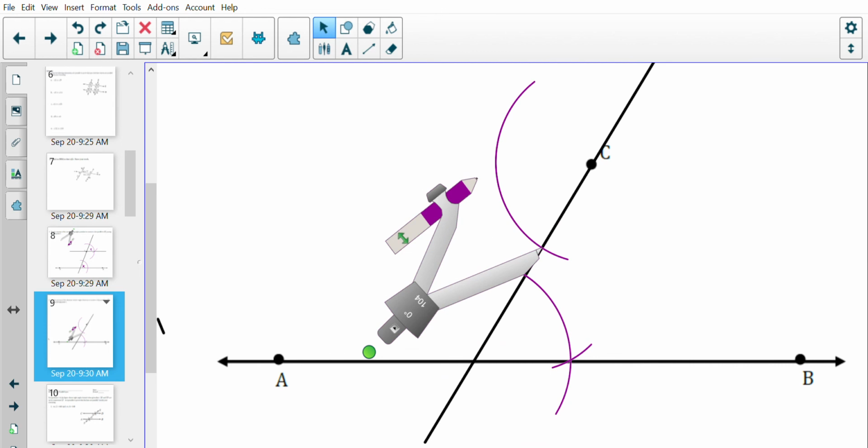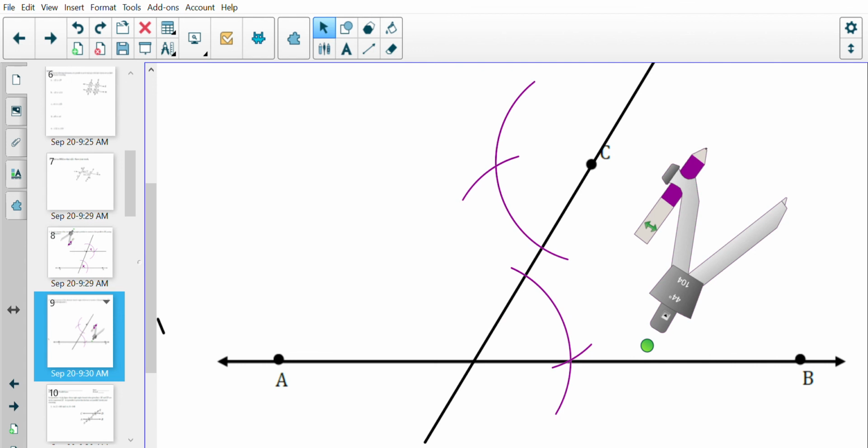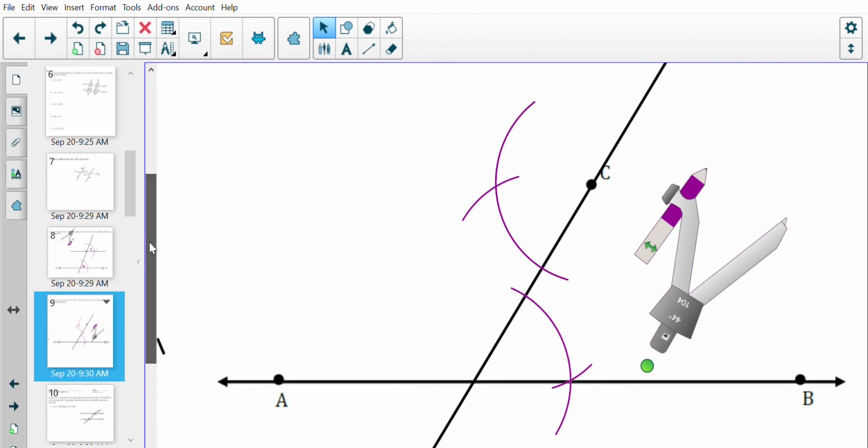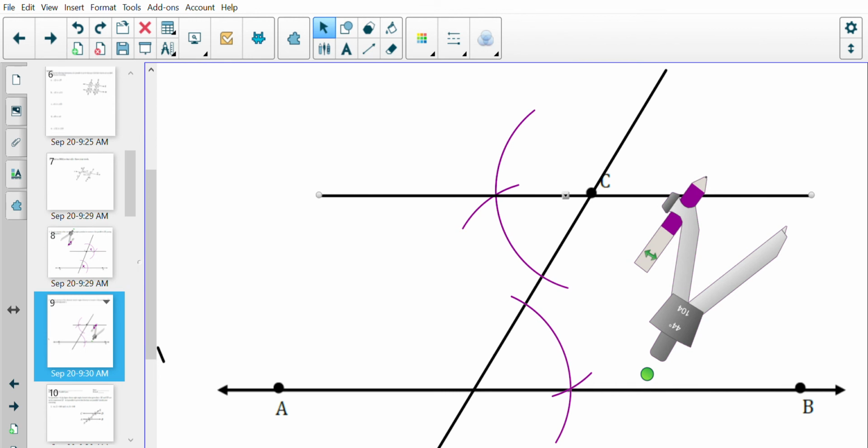And then once I'm happy, I'll open it up, I'll put the bullseye, I'll leave the pencil, and I mark it so I have a nice intersecting spot. And again, get the ruler out and draw a line through that fancy looking X, through point C, and we have now created a line that is parallel to line AB using alternate interior angles.